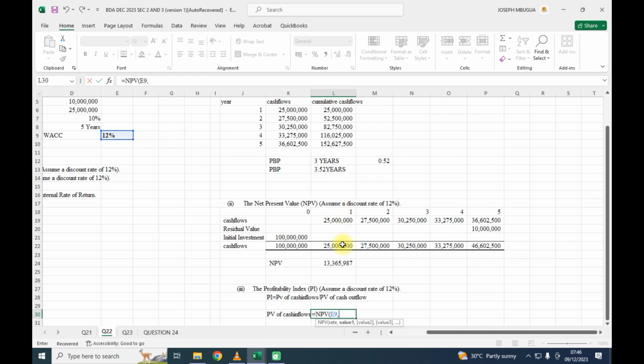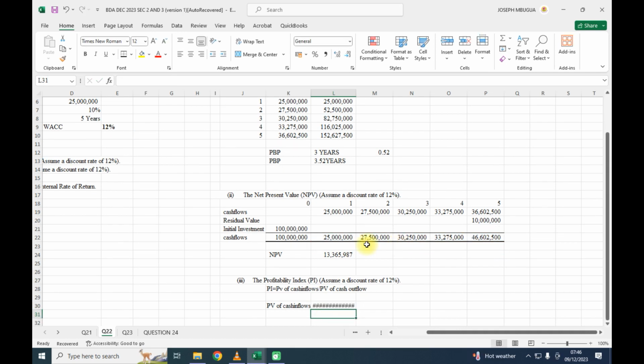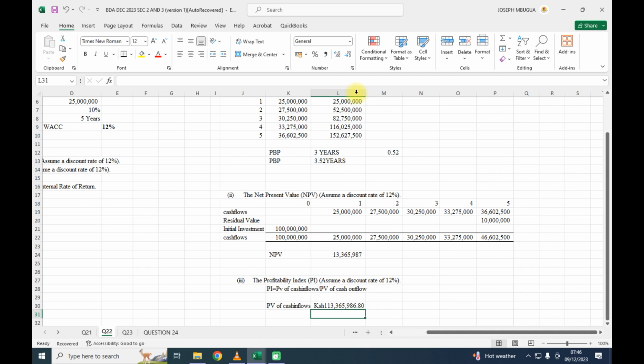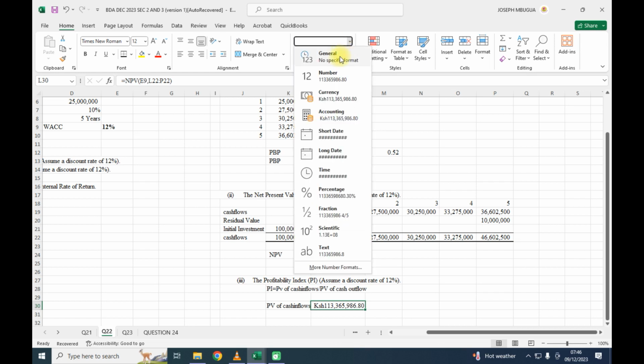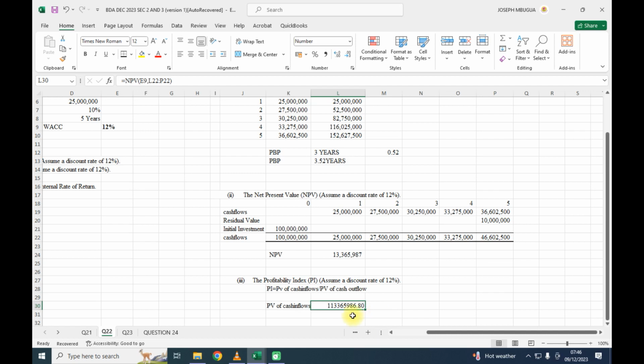I put a comma and I take these values and close that and I enter, and I just need it to be just a number. Yeah, that way, 113.